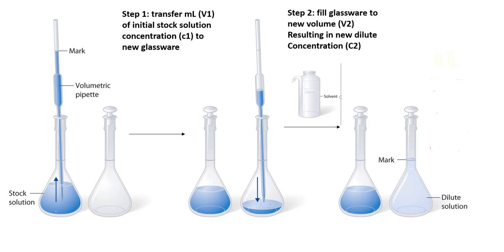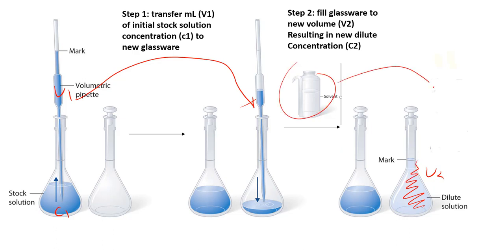So in summary, we had C1 for our initial stock solution. We had V1. This was the amount that we're going to transfer over to the second glassware. We have V2. That's the total diluted amount from water. And then we have our final diluted concentration, C2, of whatever that might be.